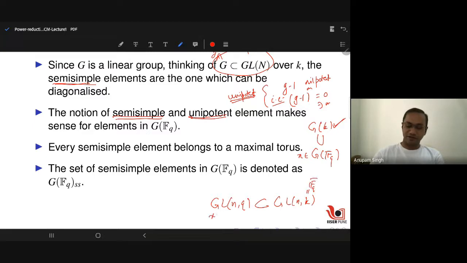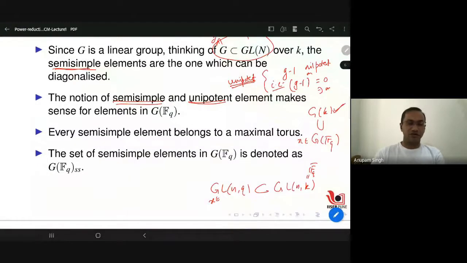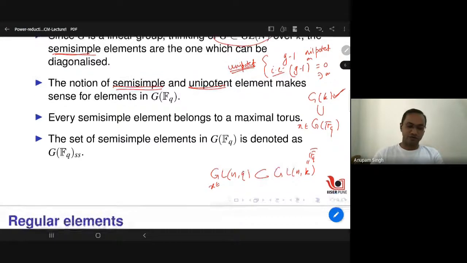So if I want to say that an element in GL_n(F_q) is semi-simple, then I will think of this element over the algebraically closed field K, and there it is diagonalizable, right? So all these notions of semi-simple and unipotent make sense over the base field here.